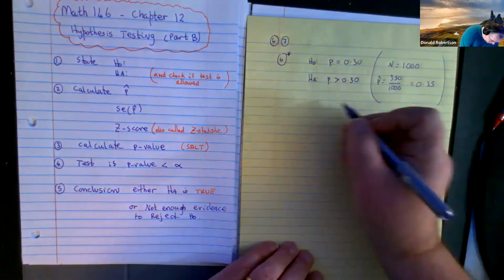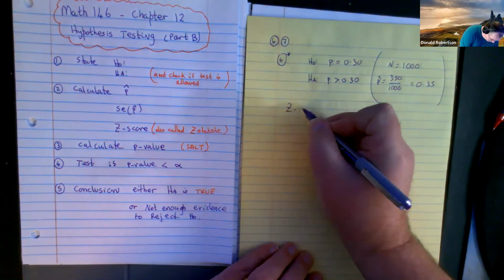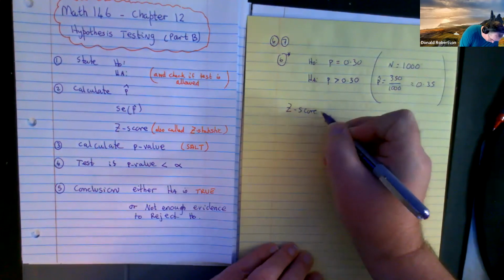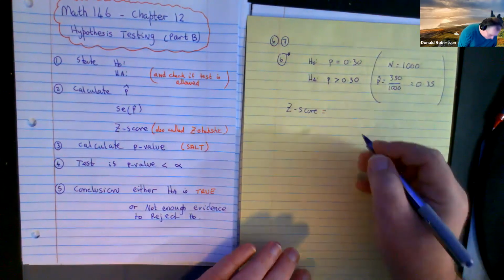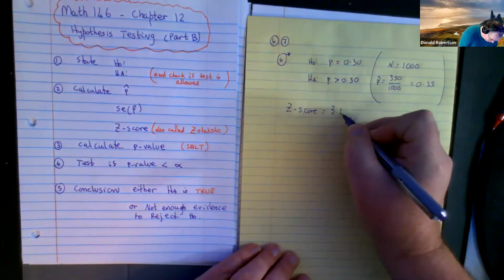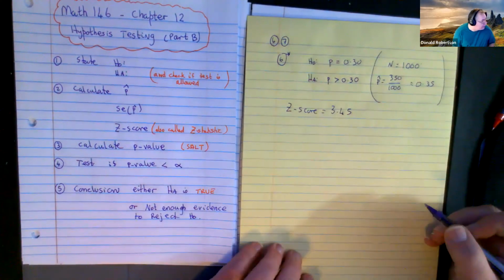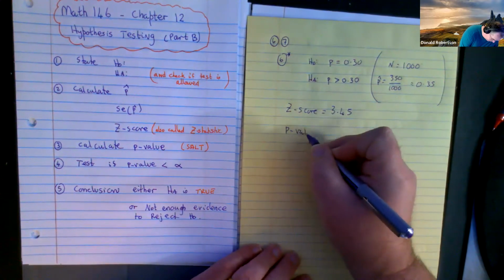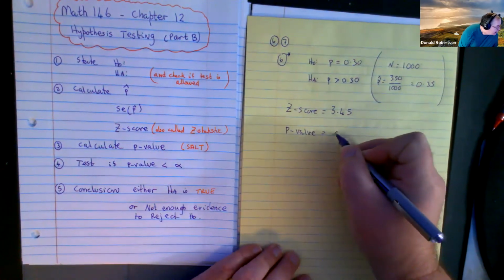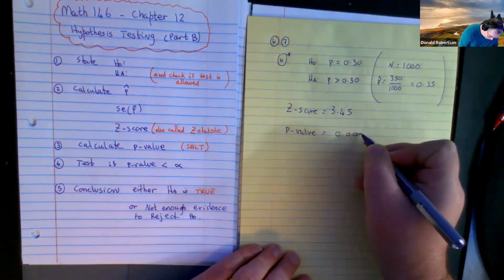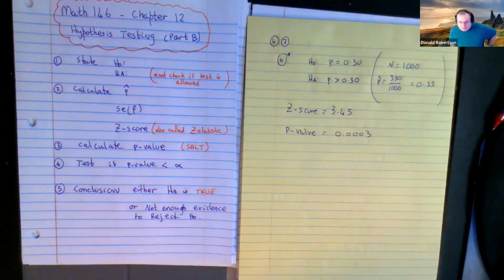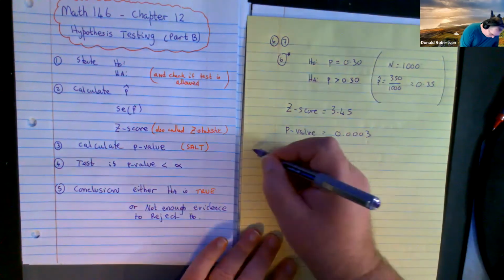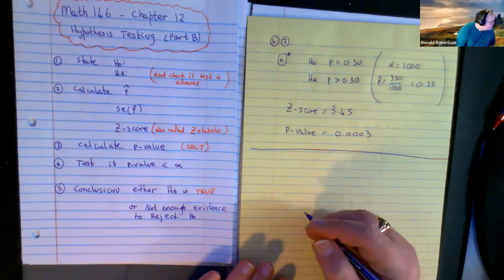They then go and say that the z-score ended up being 3.45, so I don't need to calculate it. And they tell us that the p-value ends up being 0.0003. So basically, they've done all the calculations for us. So let's see what they're asking us to do.